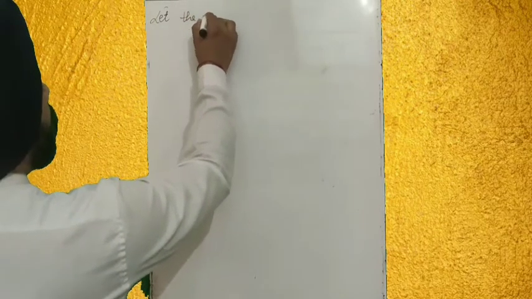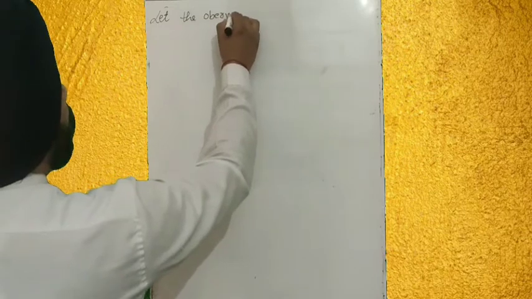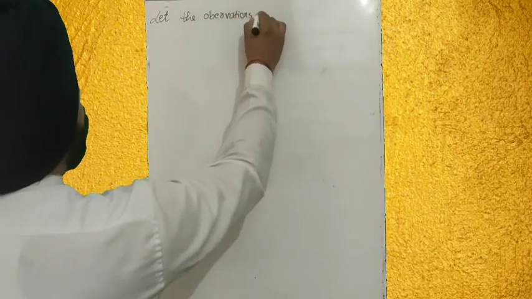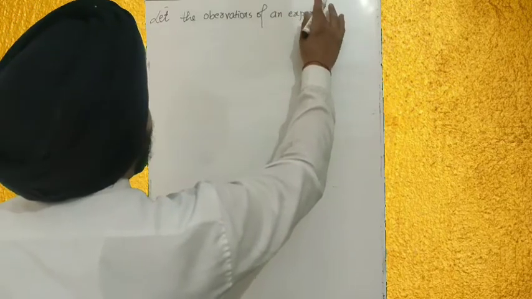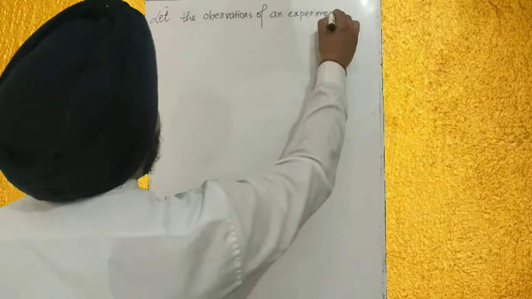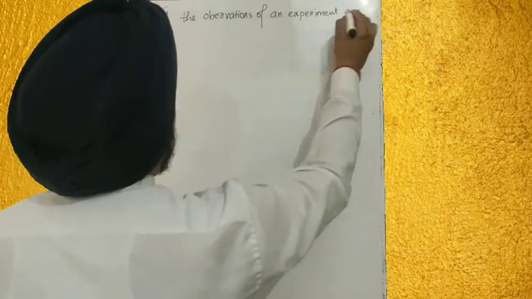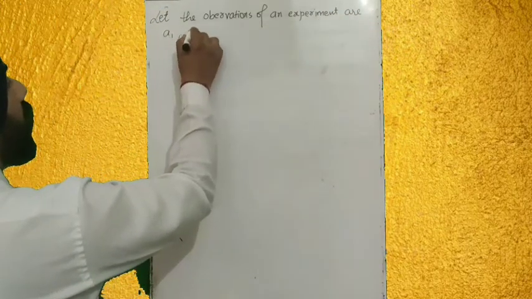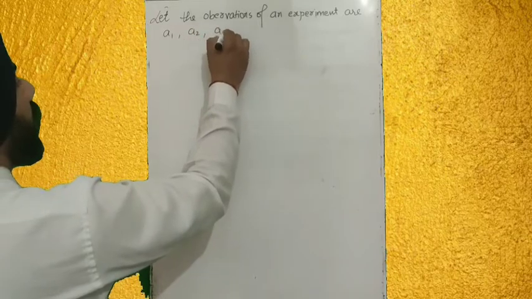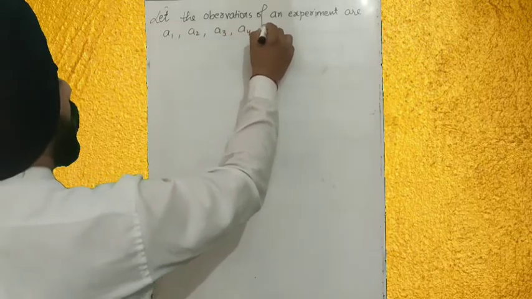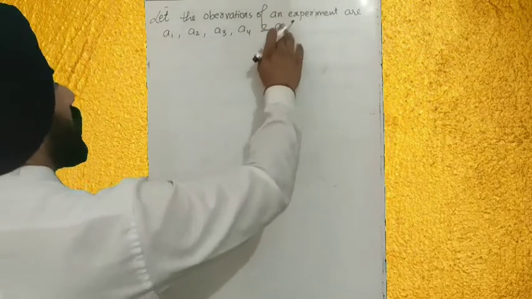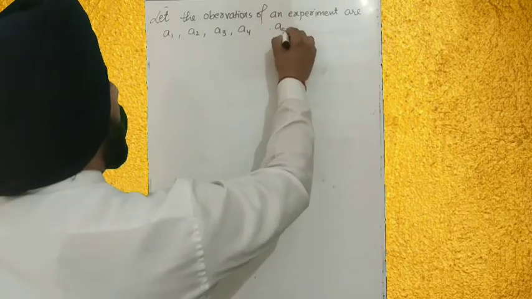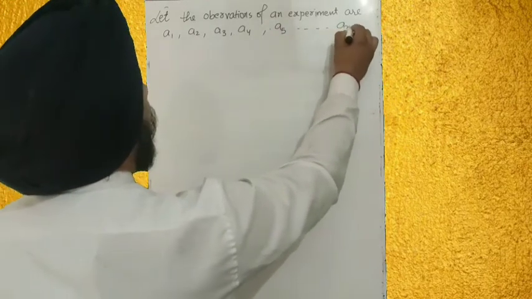So let the observations of an experiment be A1, A2, A3, A4 and A5, or you take it as A1, A2, so on up to An.